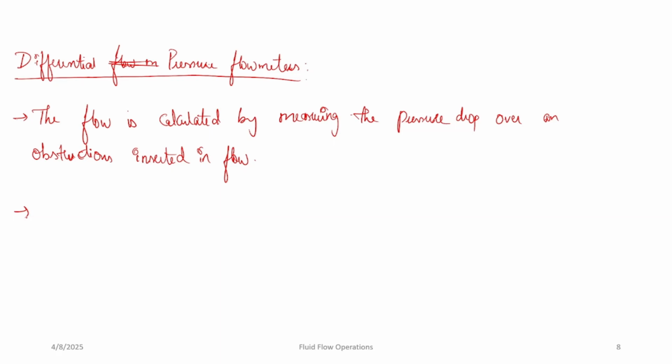Okay, so the differential flow meter is based on Bernoulli's equation, where pressure drop and the further measured signal is a function of the square root of the flow velocity.